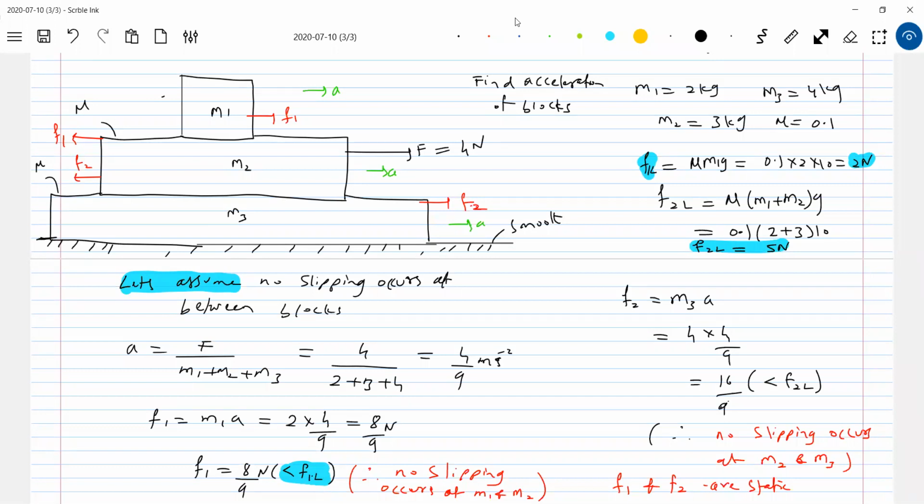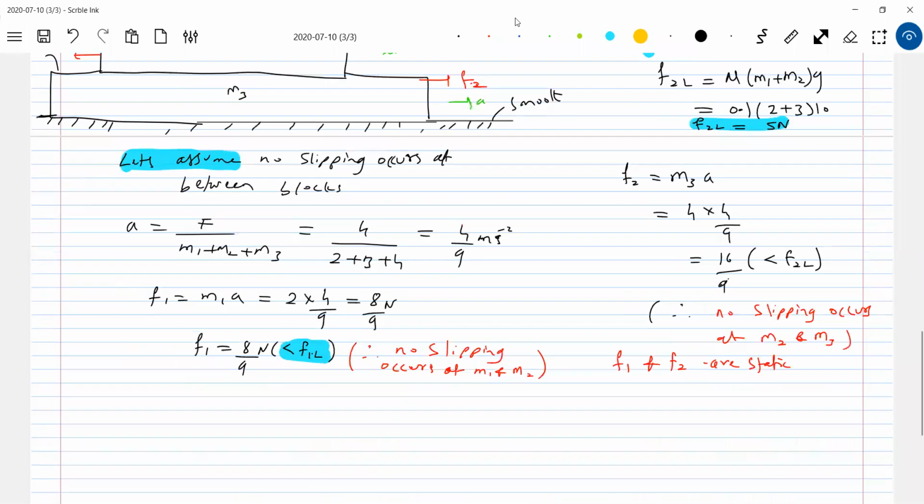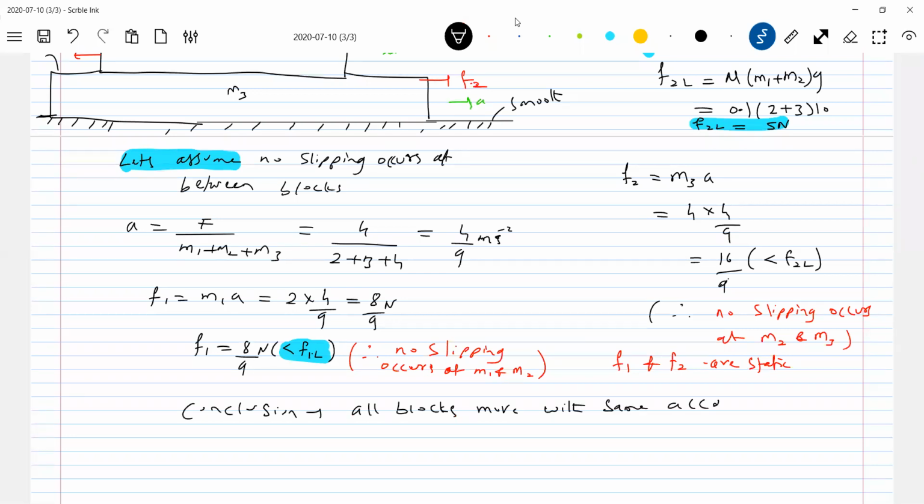So what is the conclusion? I'll write the conclusion so that it will be easy for you. Conclusion: all blocks move with the same acceleration, that is, relative acceleration is zero, and the friction is static.